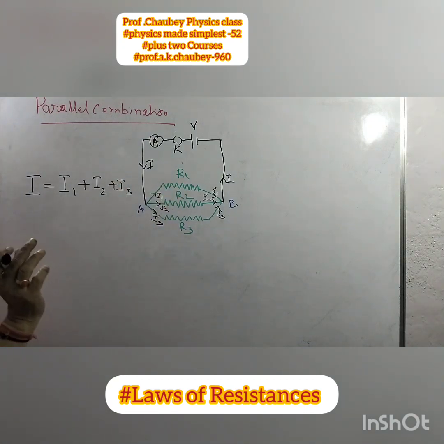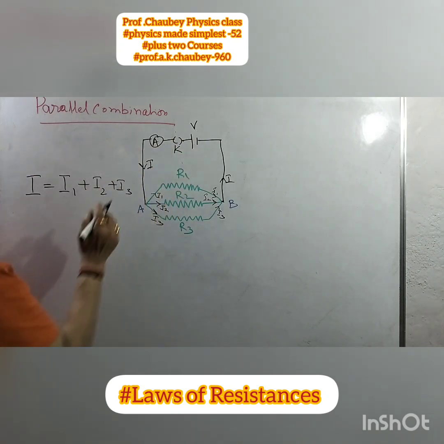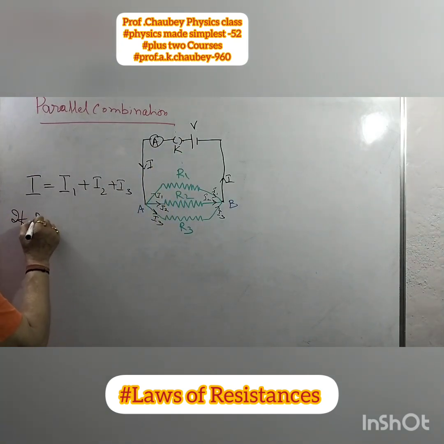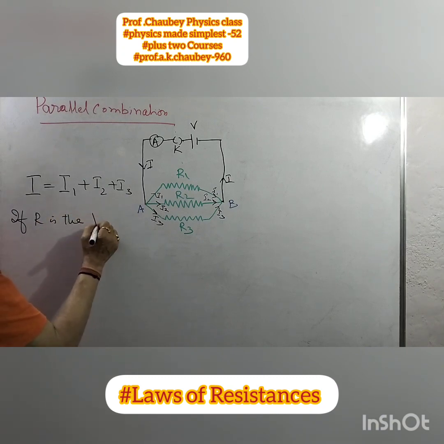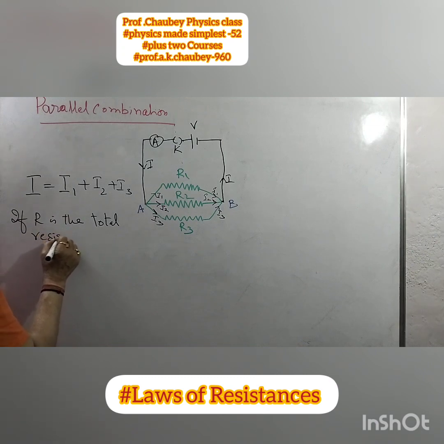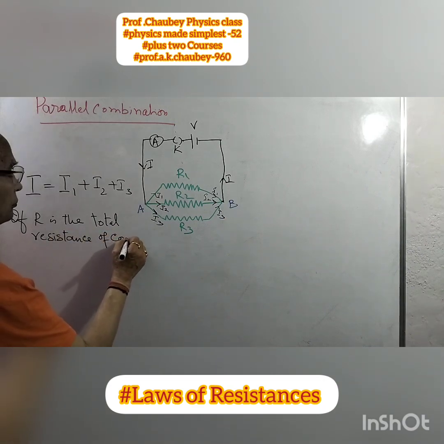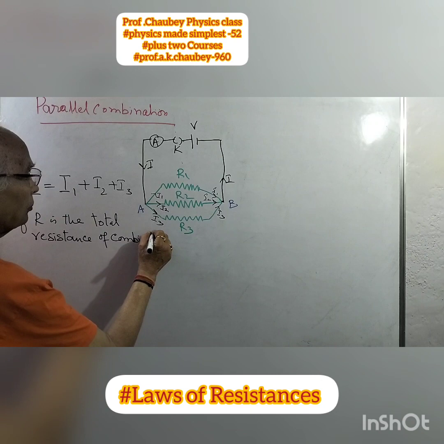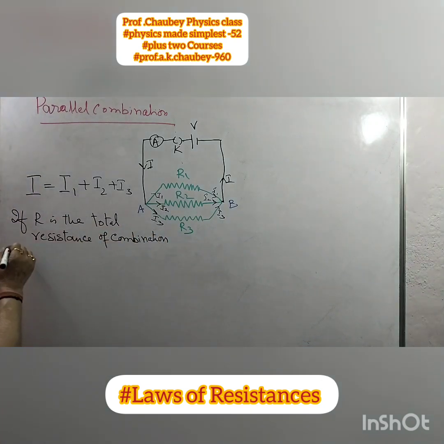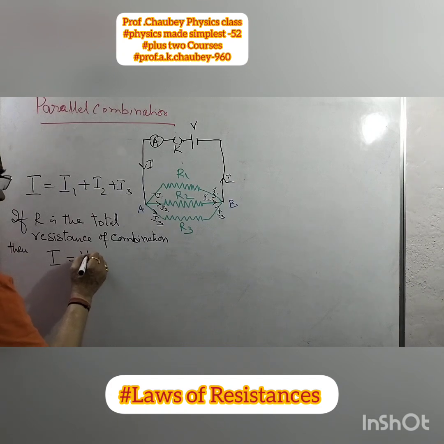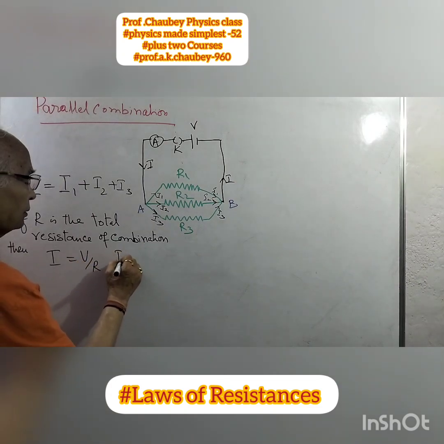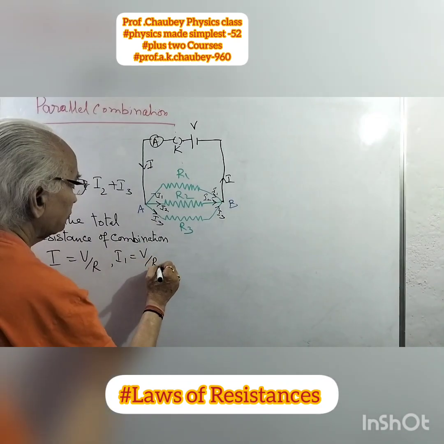And what is I? From Ohm's law, if V is the voltage here, and R is the total resistance of the combination, then we can write I is equal to V over R. I1 is equal to V over R1.